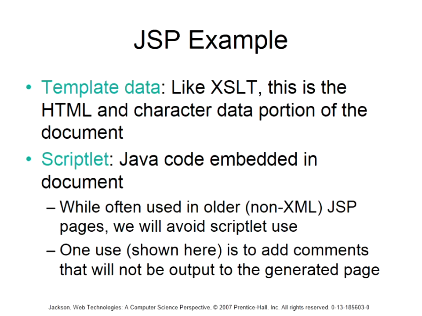So template data, like XSLT, is the HTML and character data portions of the document. And for a scriptlet, it is Java code embedded in the document. While often used in older non-XML GSP pages, we will avoid scriptlet use. One use is to add comments that will not be output to generated pages.